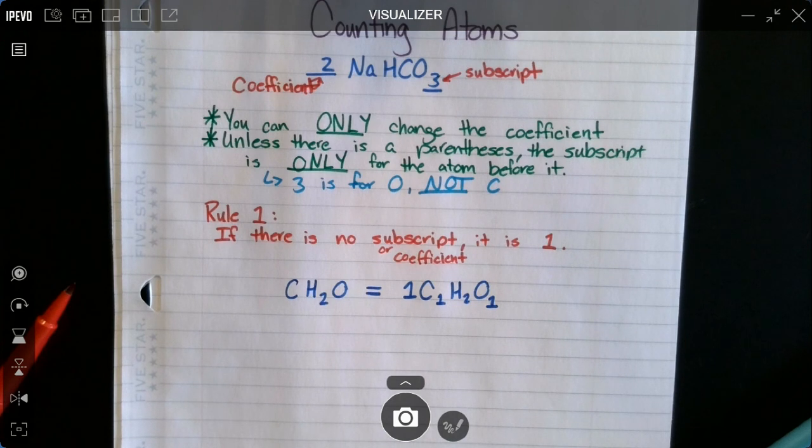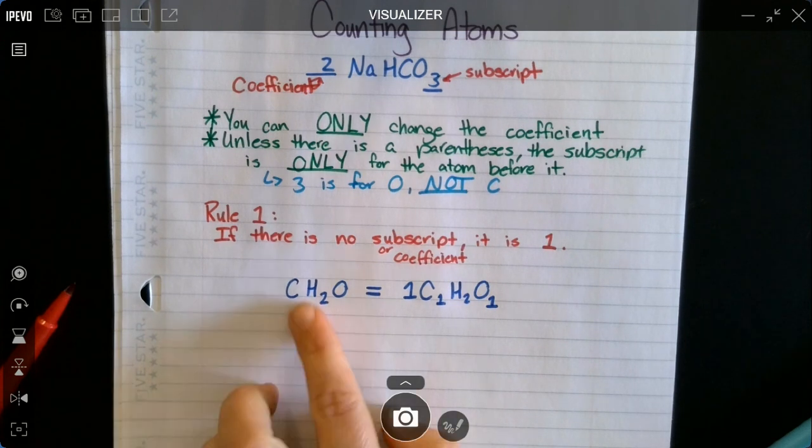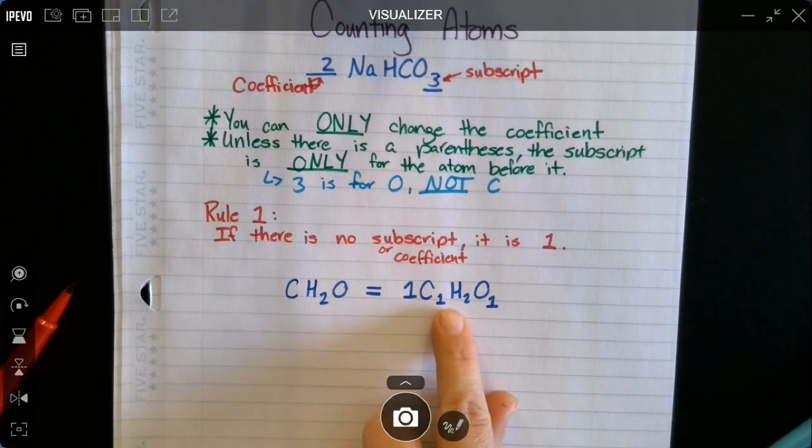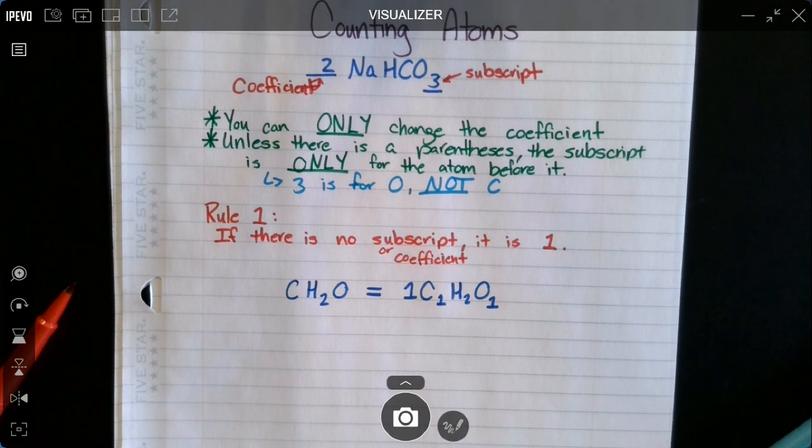Meaning, if there is no 1 there, so there's no 1 in front of my C, I'm assuming it's 1. It looks really messy when you start writing out the ones. If it was 0, it wouldn't be there. So if you have just a blank space, it's indicative of 1. You don't have to write it, and you won't see it written.